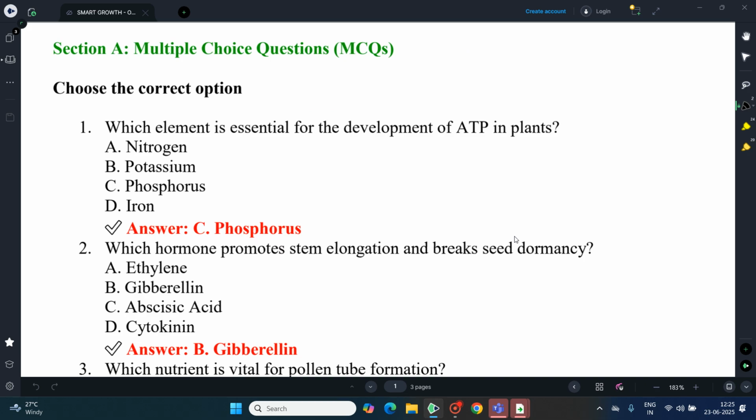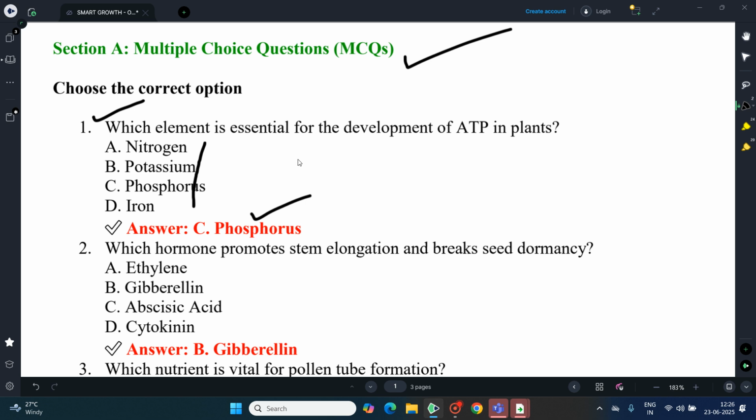And here I will be presenting only the objective type of questions. The first one is the MCQs, multiple choice questions, and there are about 10 questions. I'm not going to read all the options, but I will read only the question as well as the correct answer.